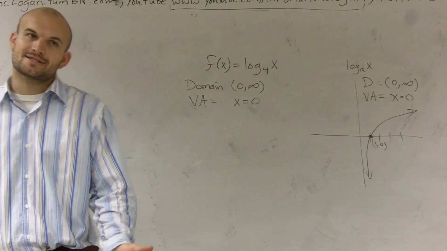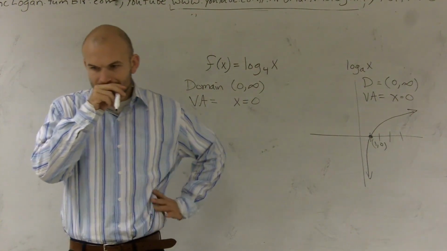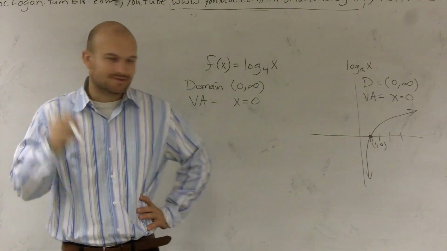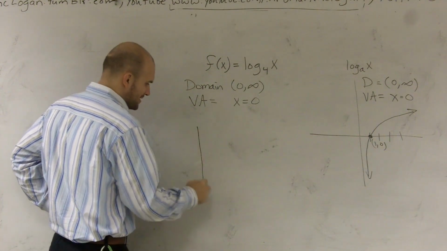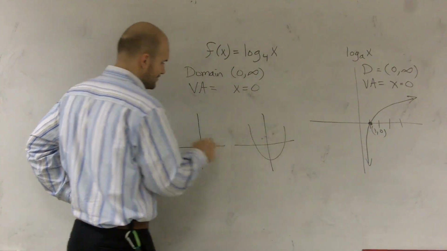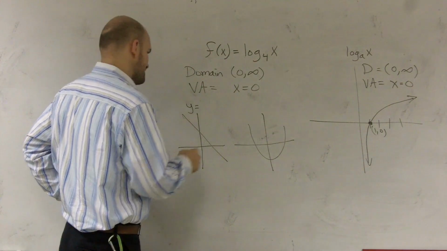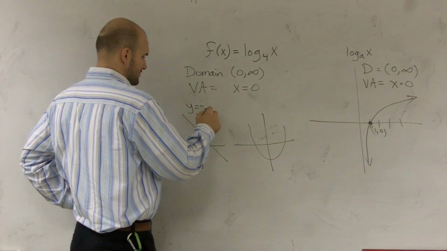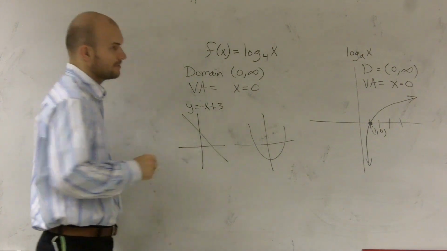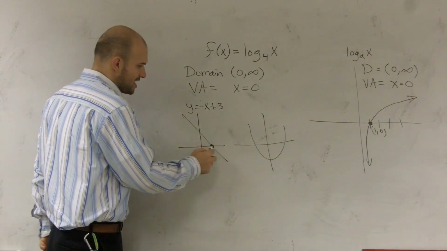Then let's talk about x-intercepts. Yes, you said y equals 0. I want to go back to algebra 1. Maybe give you guys a little bit of some happy thoughts. Let's say y equals, I don't know, negative x plus 3. And if I want to say what is the x-intercept, where does the graph cross right there?